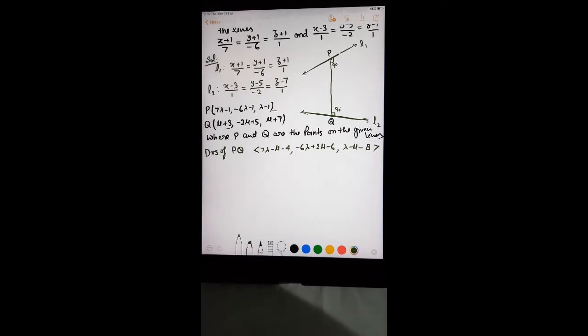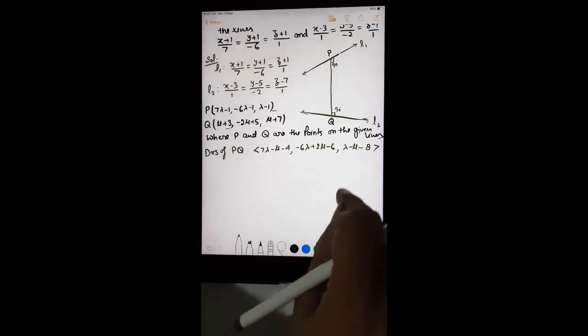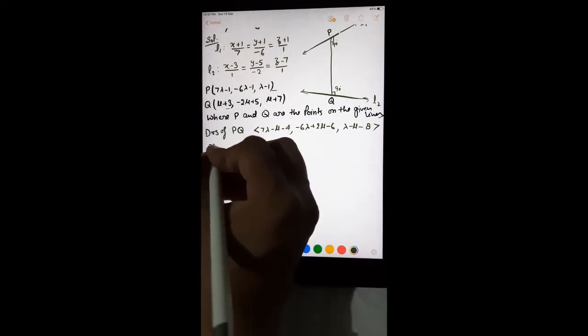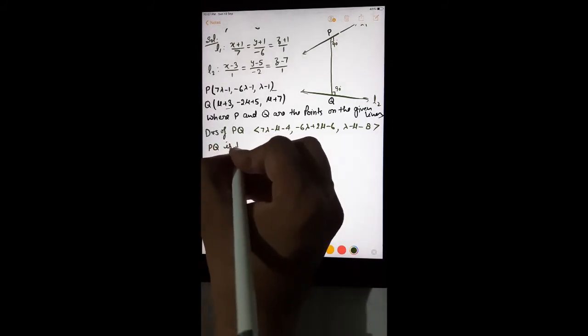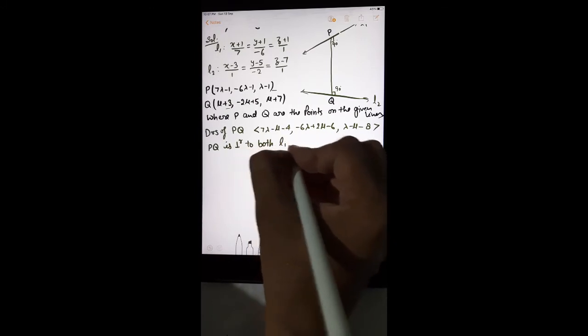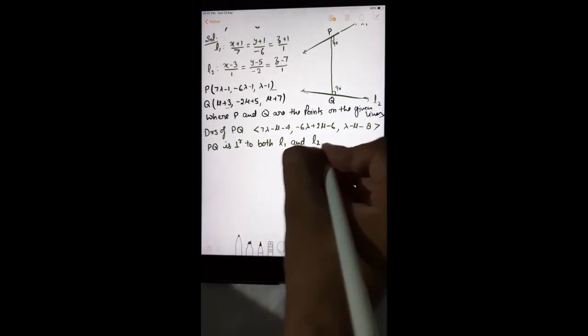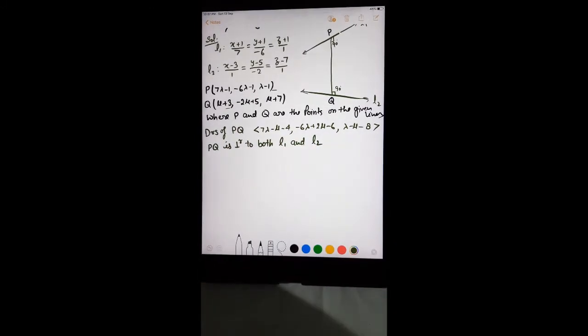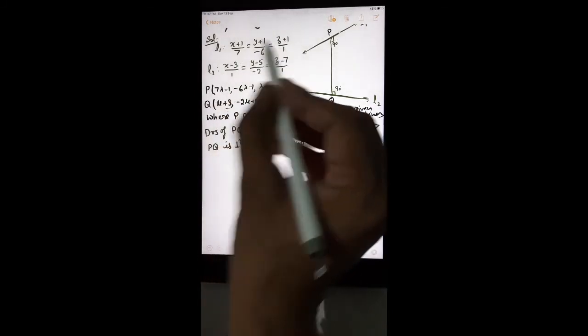Now according to question, PQ is the line which is shortest distance between L1 and L2. It means PQ is perpendicular to both L1 and L2. So if PQ is perpendicular to both L1 and L2 and the direction ratios of line L1 are 7, minus 6 and 1.